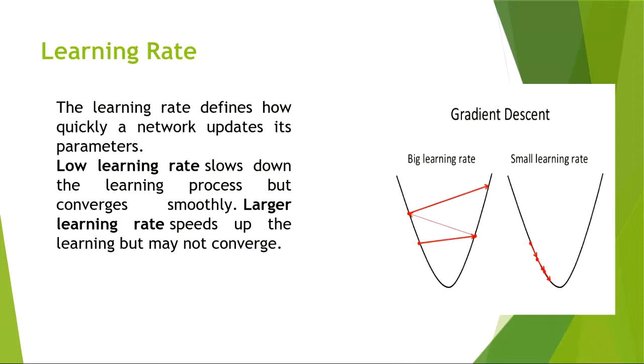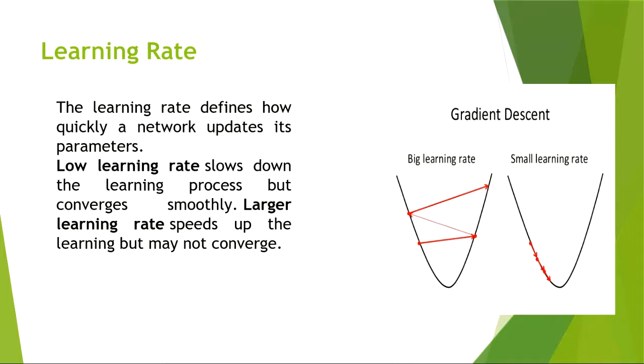Descent means descending gradually, and what we mean is errors. So we are trying to reduce the errors gradually. That is known as gradient descent.